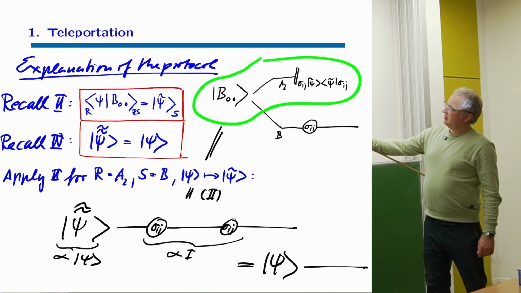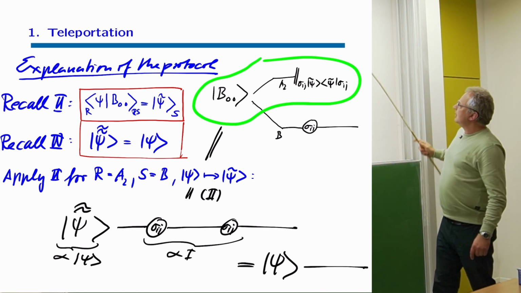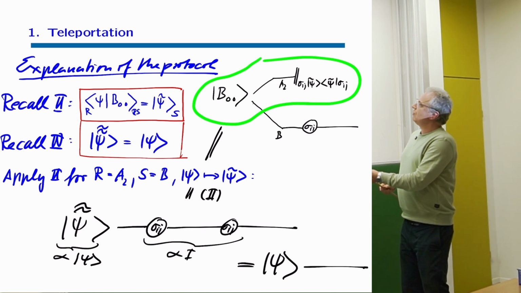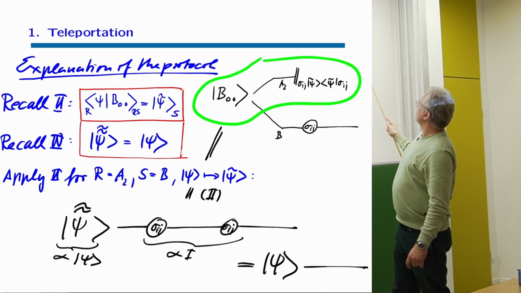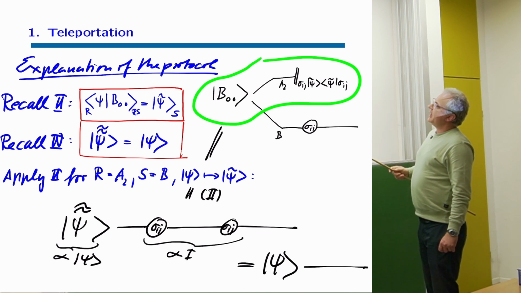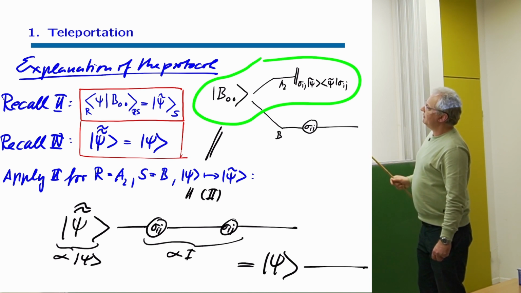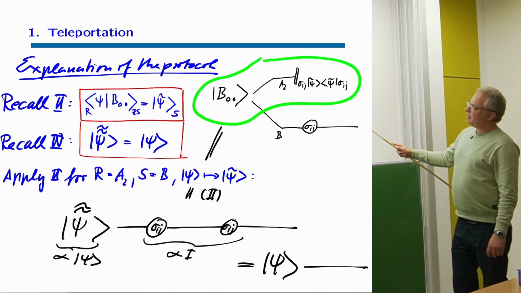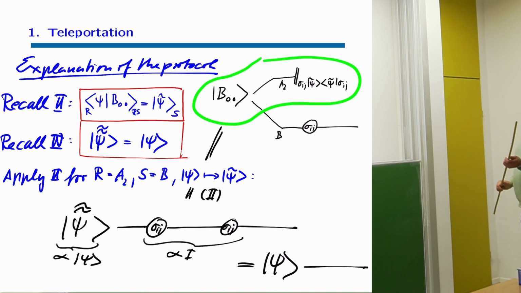Here we have the labels R and S, and here we have the labels A2 and B, so we need to talk about who is what. We apply this relation with R being A2, so this is the projection that's going to happen, and S, the other particle, being B. This is where we have a system remaining, and we use this relation not for psi, but for psi tilde. It holds for all states, so that's okay.